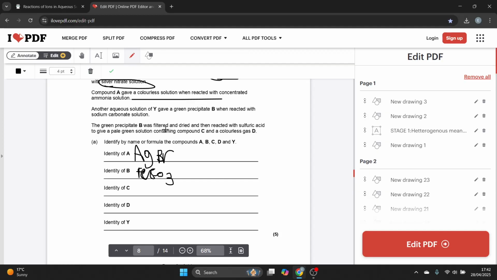So when you react FeCO3 with sulfuric acid, it gives a colourless gas D. It gives a pale green solution containing H2SO4.